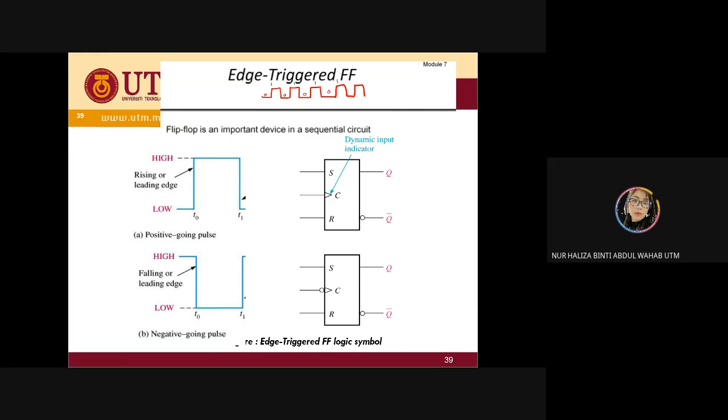We call this a positive going pulse, rising or leading edge, from low to high. When this case happens, it will look like this, which is positive clock.